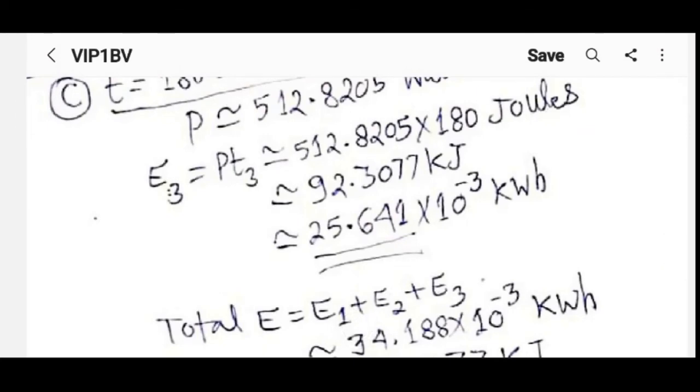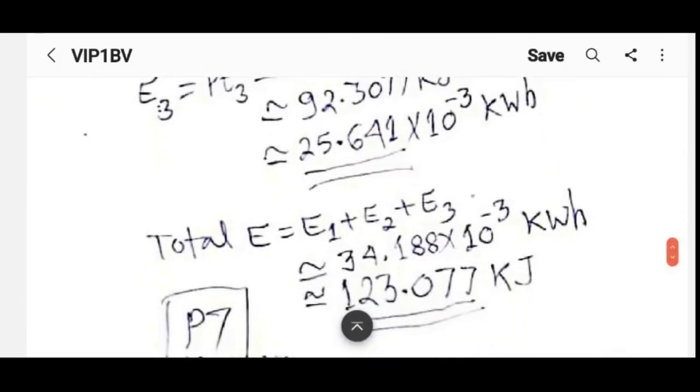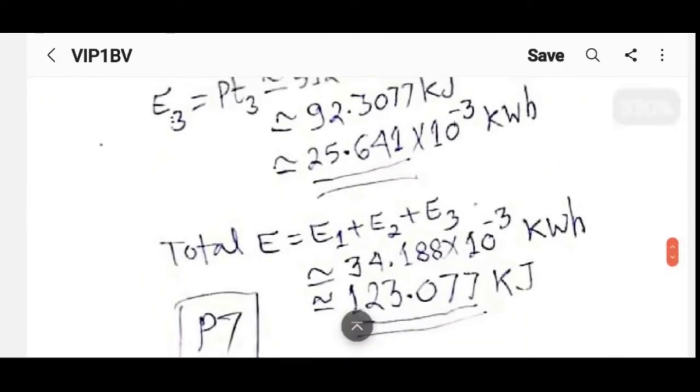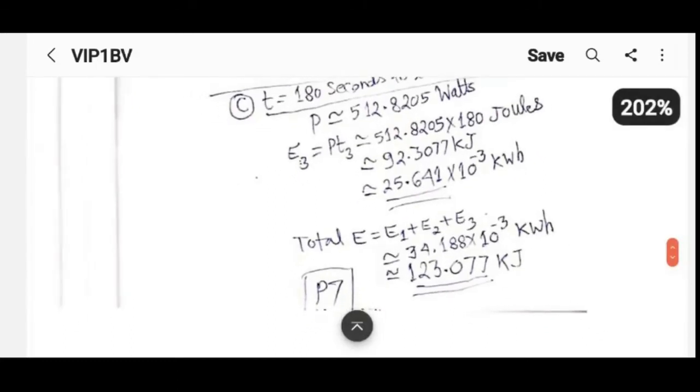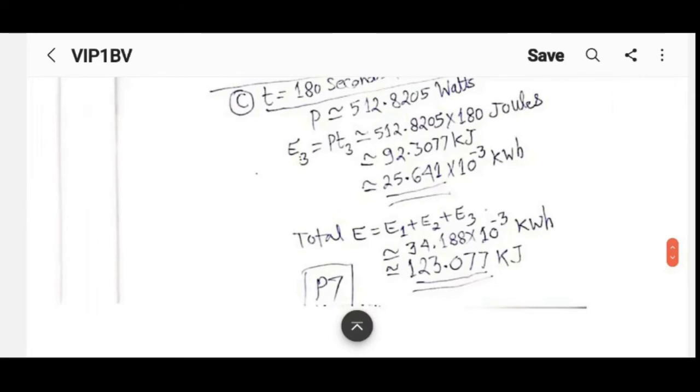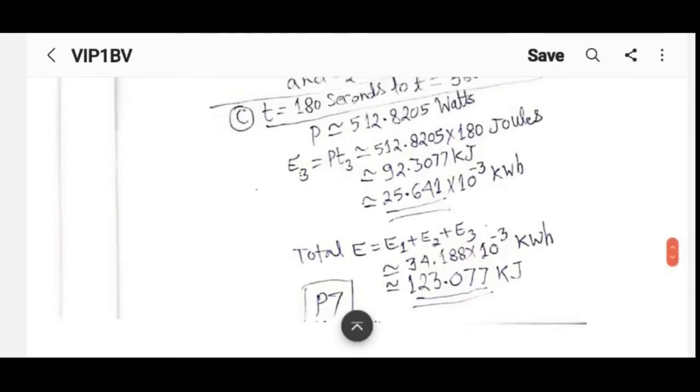The numbers are shown here. Then you sum up the results to get the total answer. So it's kind of an integration of power over time. It is, of course, being done in discrete steps because power is constant over certain intervals. It is not continuously varying with time. Had it been continuously varying, we would be doing actual integration. But here, that's not necessary.